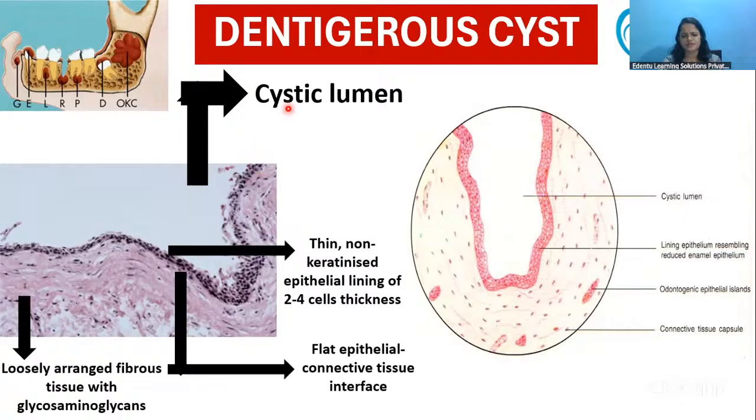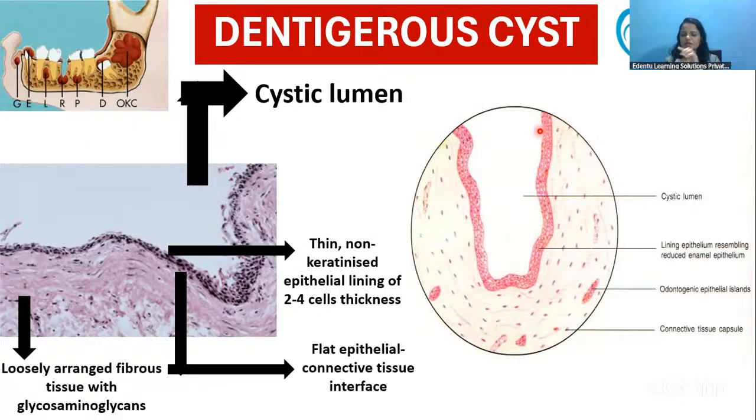Not much that is characteristic will be seen in the lumen. This is the pictorial representation of the dentigerous cyst, which you can draw in your answer papers. Then the lining: the lining epithelium of dentigerous cyst resembles that of the reduced enamel epithelium.